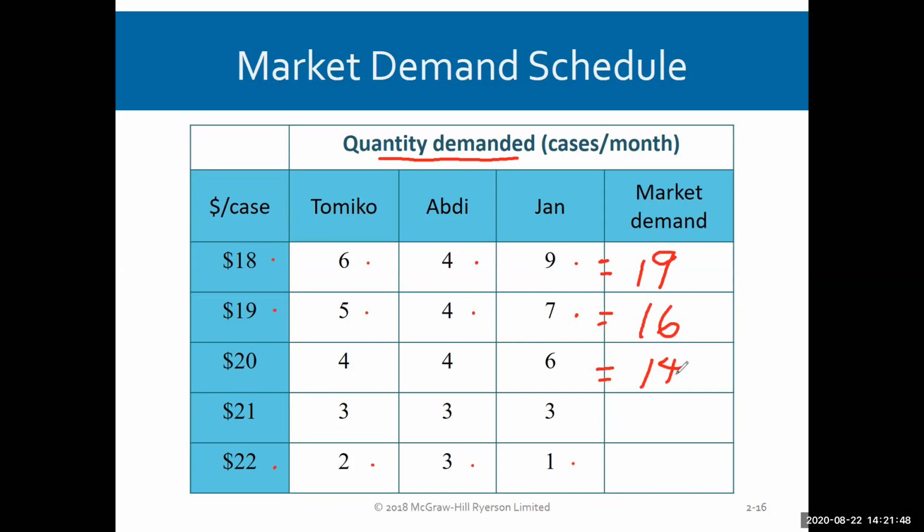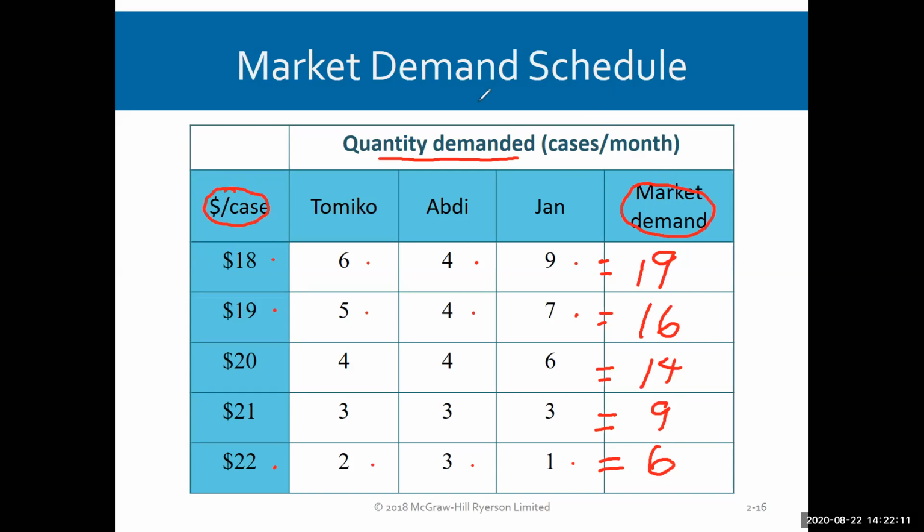The demand curve says market quantity demanded is 14. So now we've got one more demand curve, and that's where we use prices again and everybody's demand together. So we have the market demand curve by just adding up all the individual demand curves.